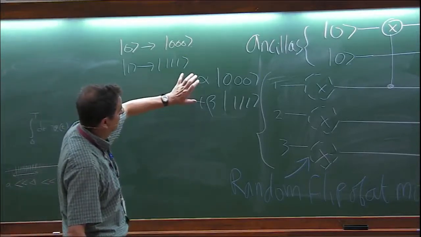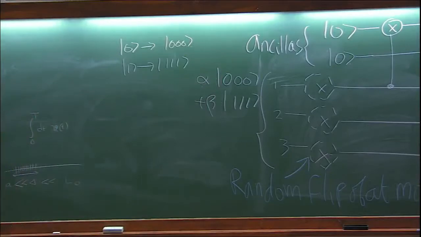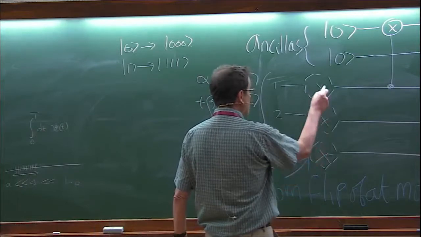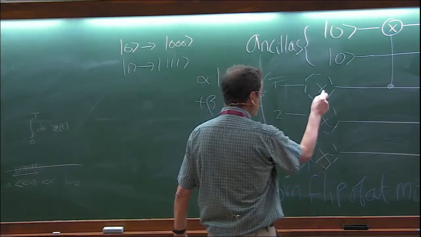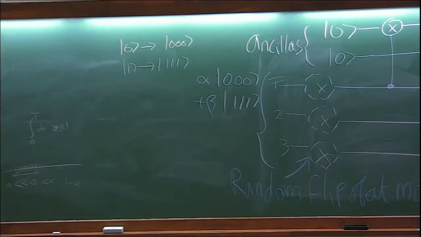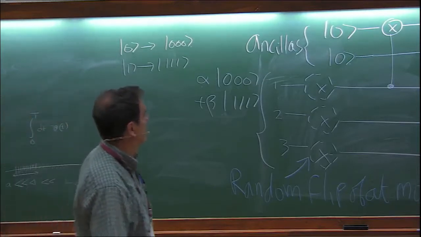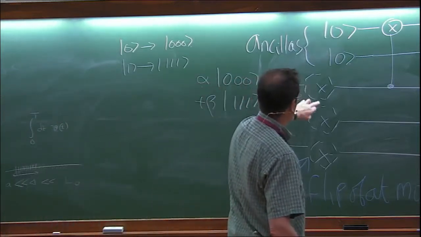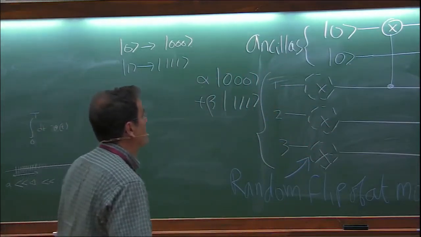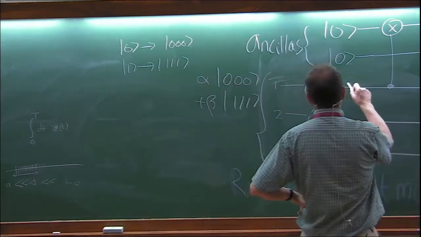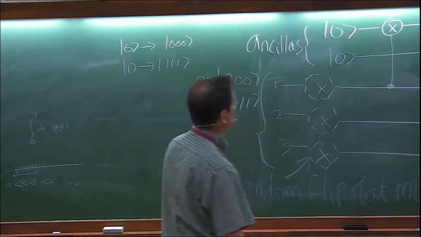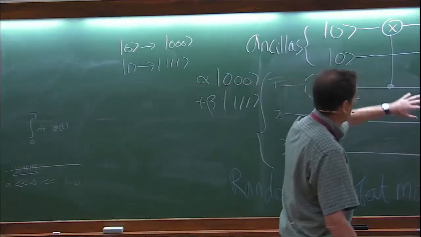So we have to be able to cope with a linear combination of 0, 0, 0 plus 1, 1, 1, with the possibility then that at most one of these 3 qubits might suffer a random bit flip. So maybe this gets flipped, maybe this gets flipped, maybe this gets flipped, maybe none of them get flipped. So we couple these 3 physical qubits of interest to these 2 ancillary qubits with these control NOT, or equivalently control X gates.